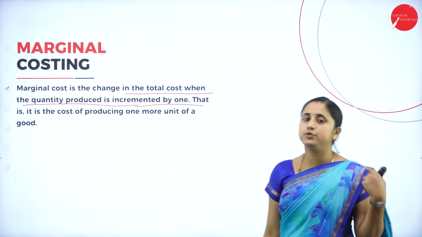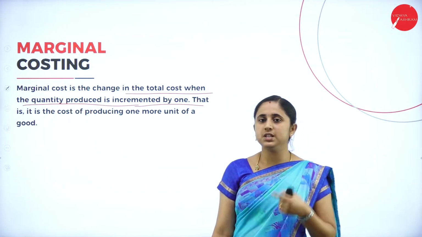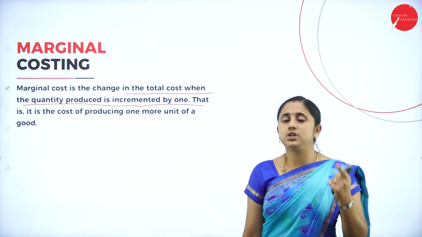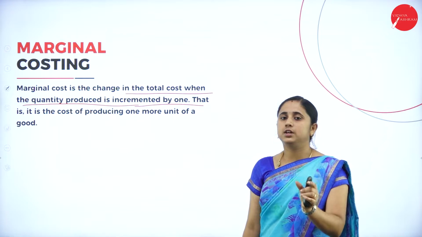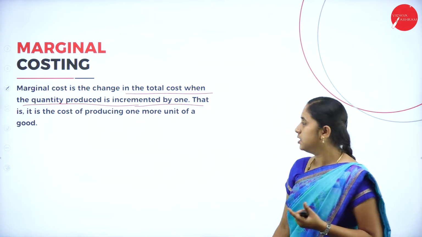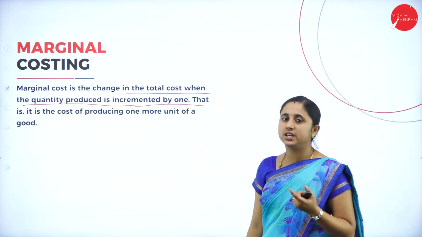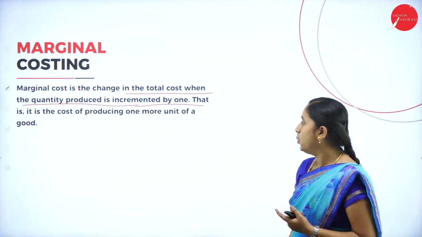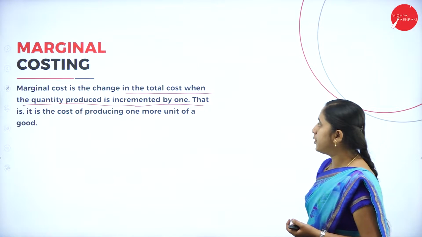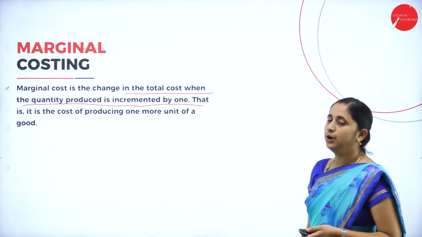For example, if you are producing 10,000 units, when it increases to 10,001 units, how much the cost is increased. The total cost which increased when the number of units produced increases by 1. It is the cost of producing one more unit of a good.